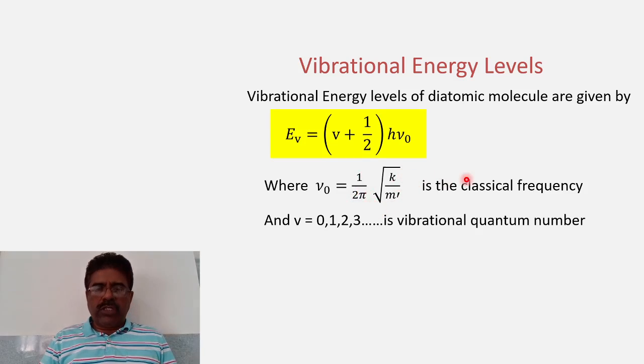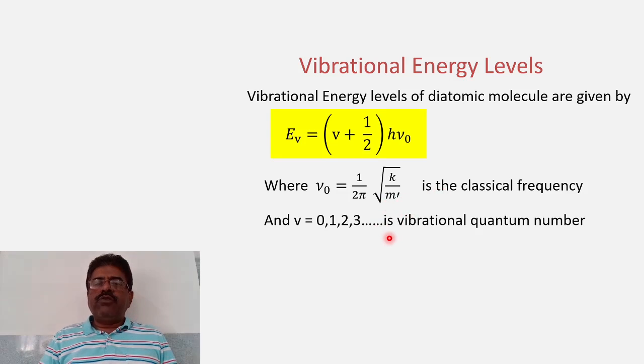K is a force constant which represents the bonding force between the two atoms, and m dash is the reduced mass, m dash equal to m1 m2 upon m1 plus m2.